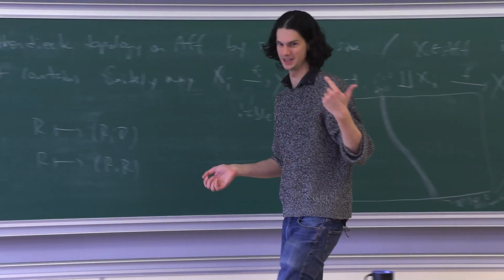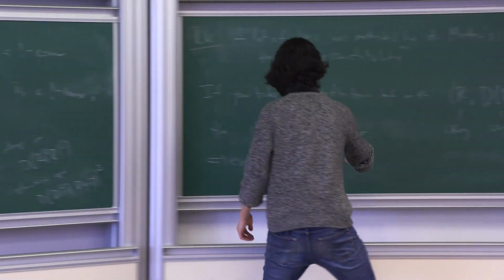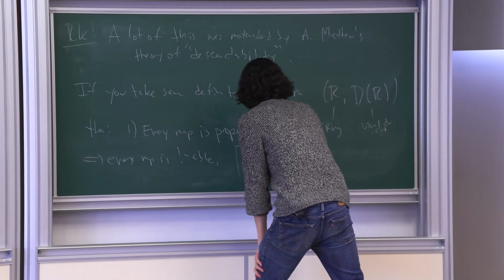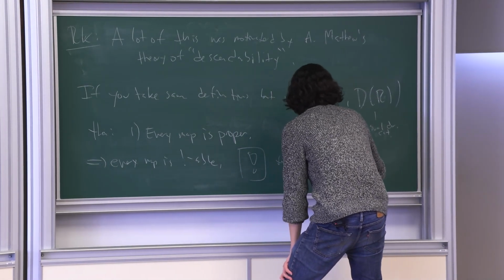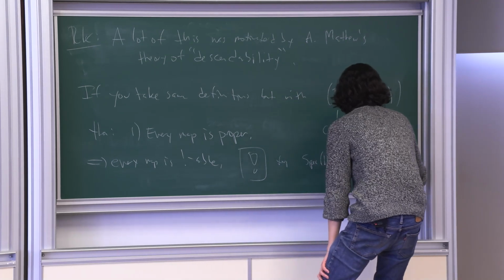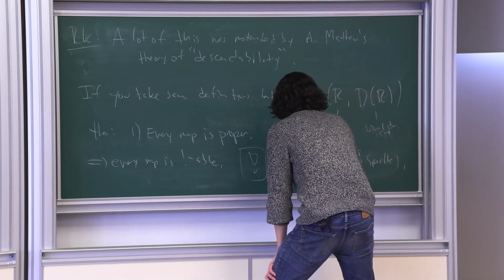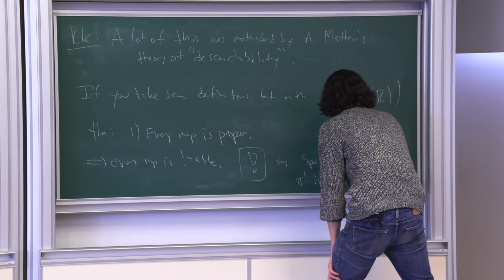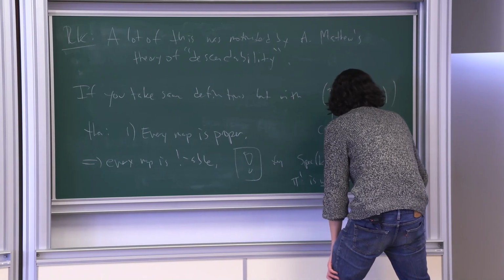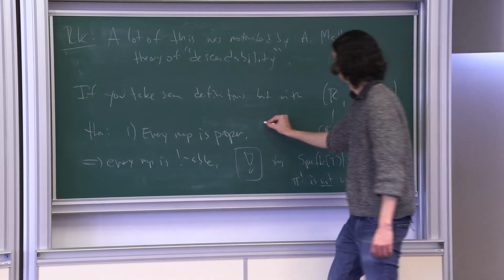It's not the same as the upper shriek in Grothendieck duality theory. So caution: for Spec k[t] going to Spec k, the π upper shriek is not the usual one. And π lower shriek is just π lower star. That's what I mean by every map is proper.